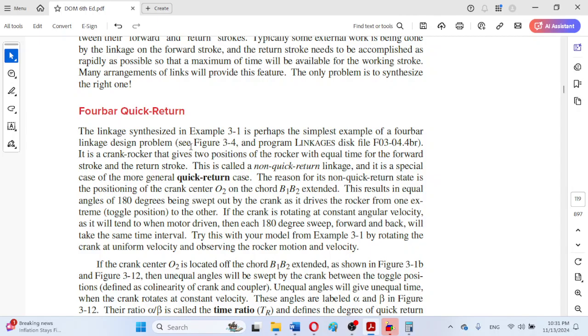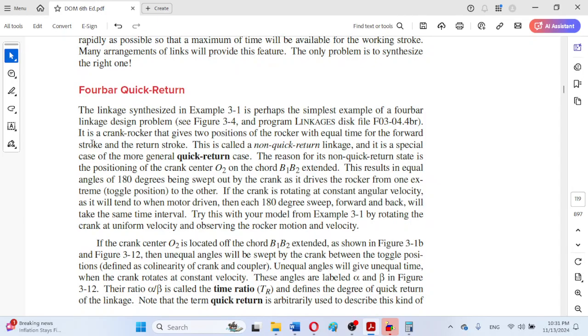I have described the procedure for figure 3-4 in the previous video, and it is a crank rocker that gives two positions of the rocker with equal time for the forward and return stroke. It was already stated in the video that it gave the equal throw in the forward and the reverse stroke between the two extreme positions of the rocker.